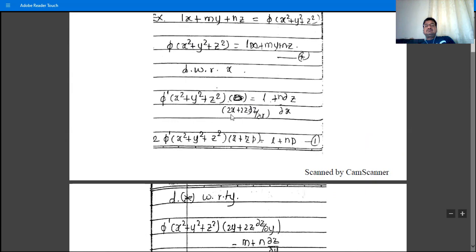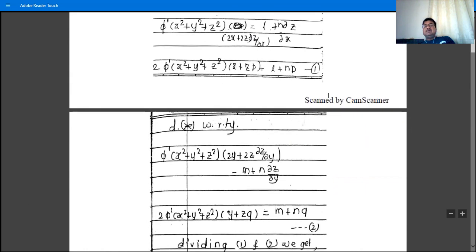So taking 2 as common, 2 phi dash (x square plus y square plus z square) into (x plus zp) is equal to l plus np, equation number 1.